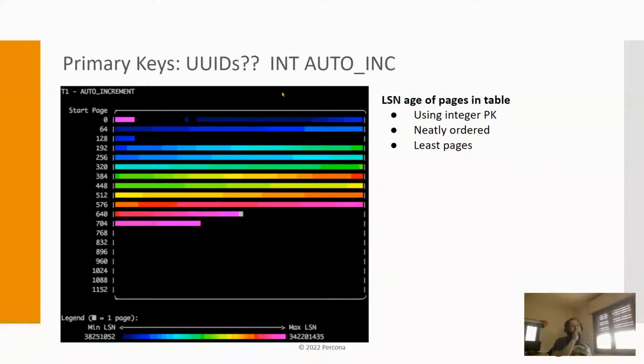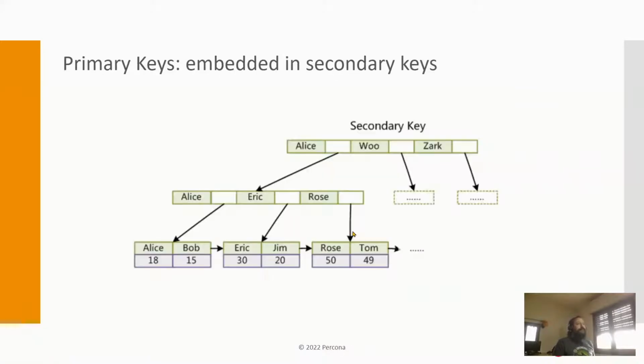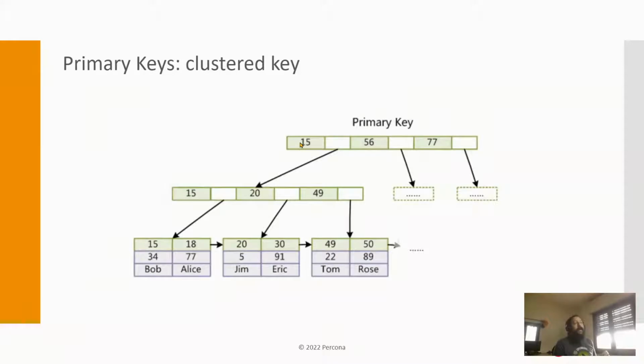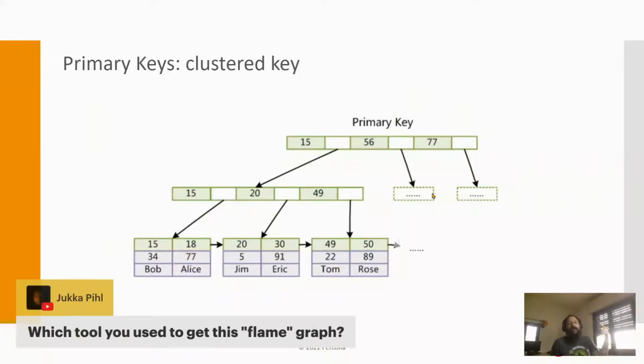So again, you can see that this table took less than 700 pages, and it's all neat and tightly packed. That's because an auto increment ID is monotonically increasing, so it's always filling up pages on the right side of the tree.